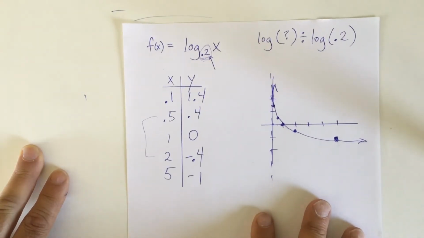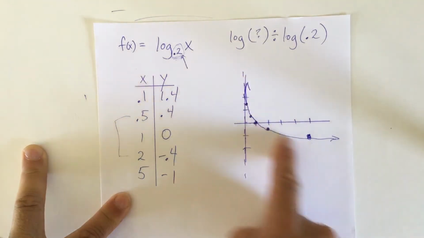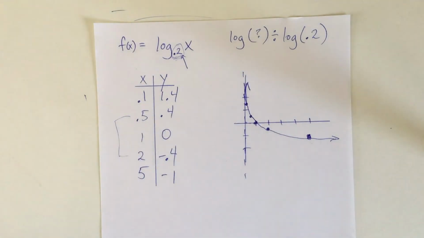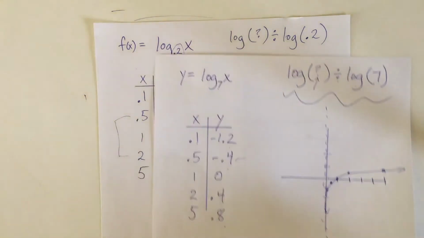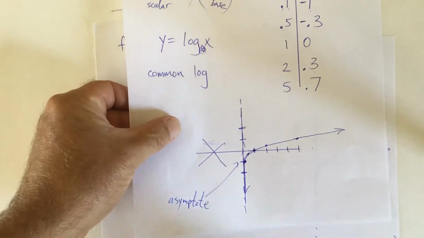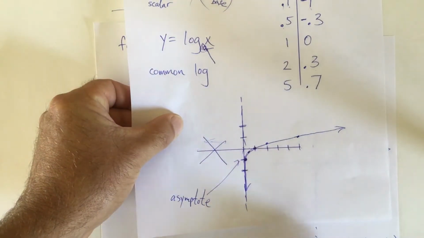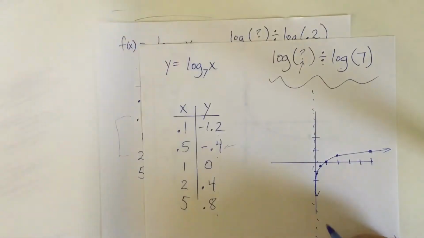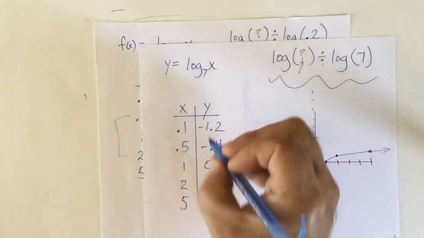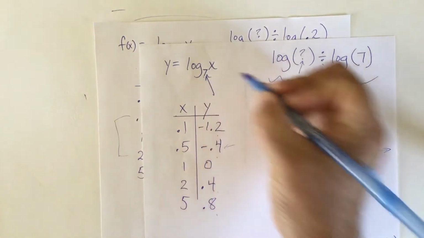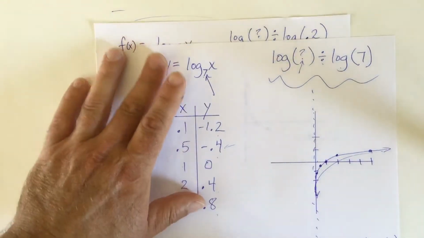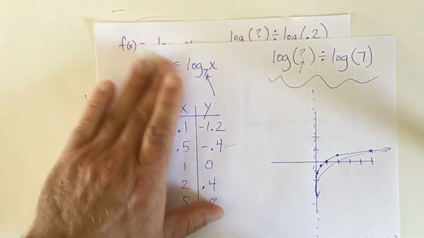Logarithmic stuff kind of has its own feel to it. This is a swoop down. Now notice, my first example was base 10. Base 10, that number is bigger than 1. It goes like this. That was base 7. 7 is bigger than 1. It goes like this. 0.2, come on.